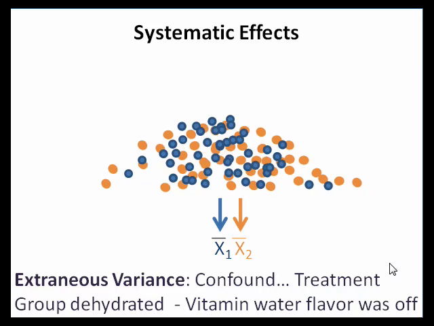Okay, there's also bad systematic effects, and that's our extraneous variance. So again, let's say that the vitamin flavor was off. We went to the store, we bought the vitamin water, and it was a bad batch. It tasted very bad. Meanwhile, our placebo water tasted great, and over 2 weeks, the control group drank their placebo water, enjoyed it.